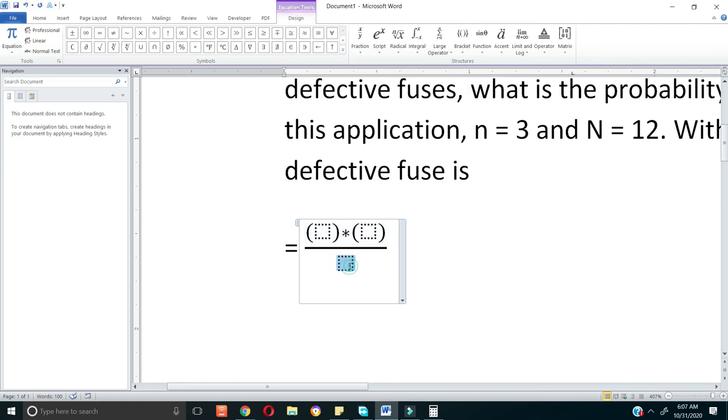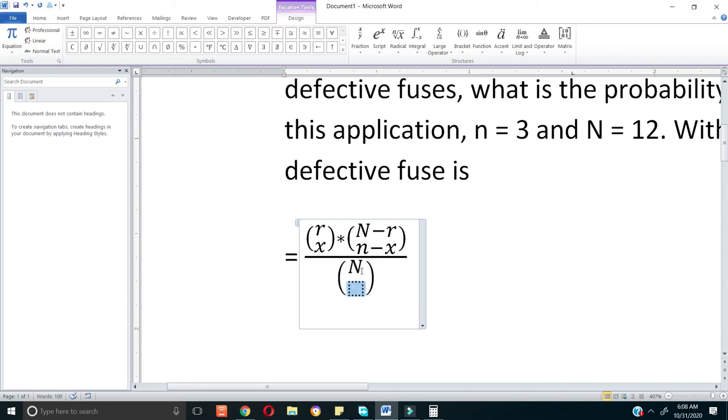Let's just get the equation back. So you basically have your C(R, X), then you have your C(N minus R, n minus X), then you want to pick how many, then you have your C(N, n). So this is basically going to give you the following form.